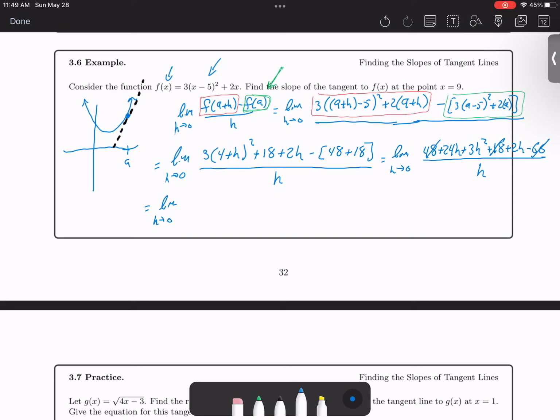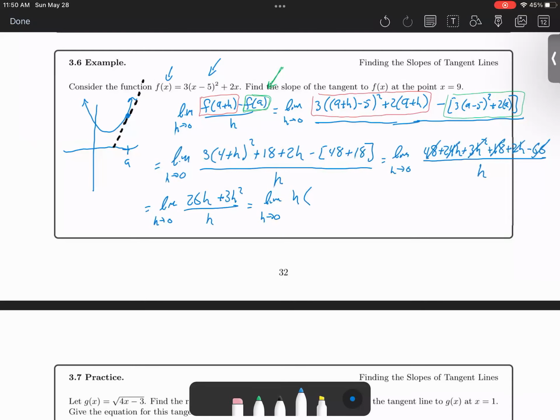How many h's do we have? You've got 24 of them, plus another 2 of them. You've got 26 h's. And you have that plus 3h squared there, all sitting on top of an h. And that's where our cancellation comes from. You have an h present in all of your numerator terms. You can pull that out.